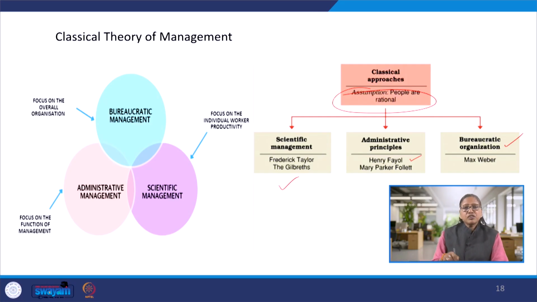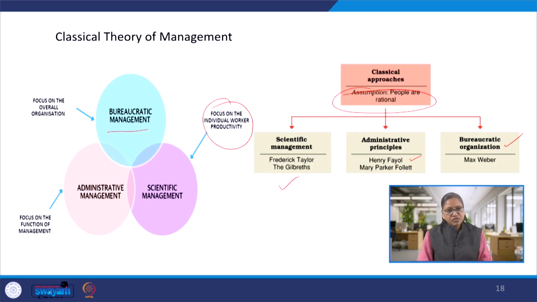So, we will just highlight the focus of these classical theories of management. Bureaucratic management emphasized the overall organization, scientific management focused on individual workers' productivity, and administrative management focused on the functions of management, how the organizations function.